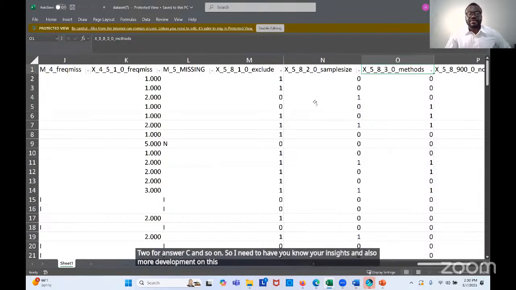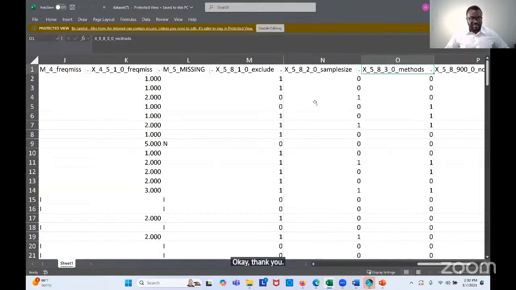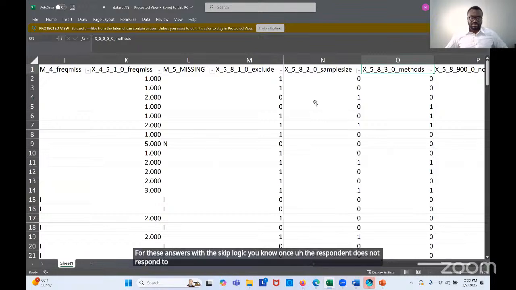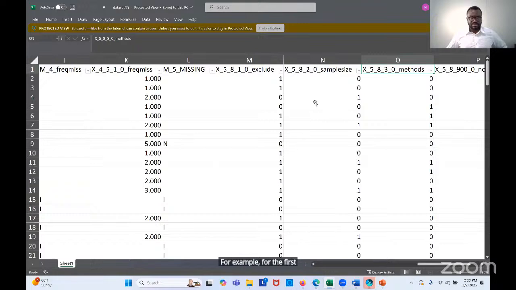Okay. You can ask your second question and I'll answer all of them at once. Yeah, the second question is this: for questions with skip logic, once the respondent does not respond to a certain question, then he cannot go further to other questions, for ineligibility reasons. So once we have to present results, for the first question we can say N was 500 respondents.